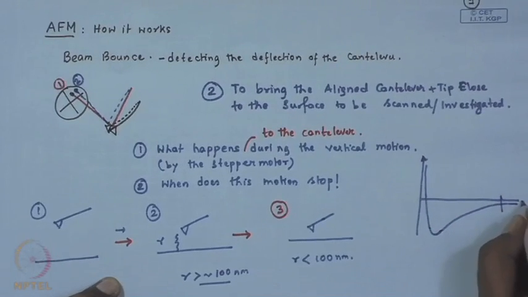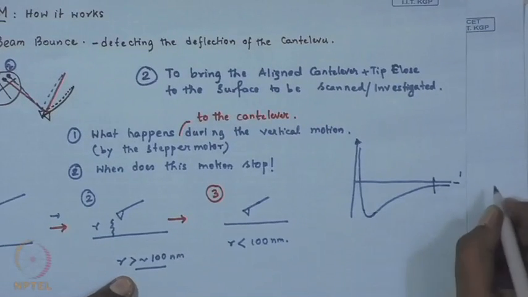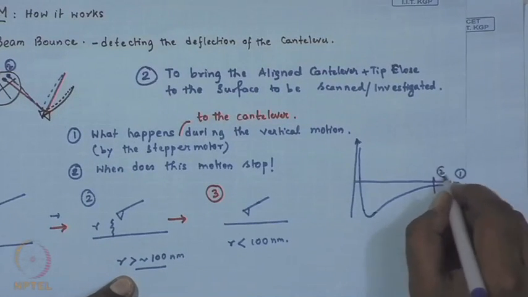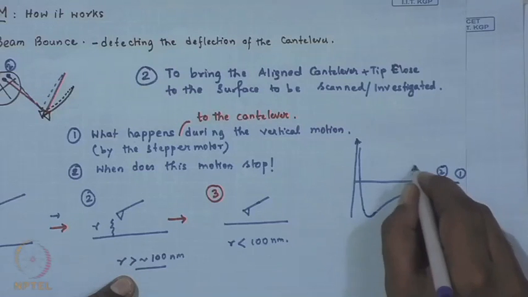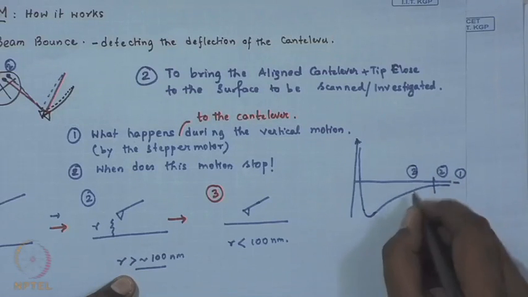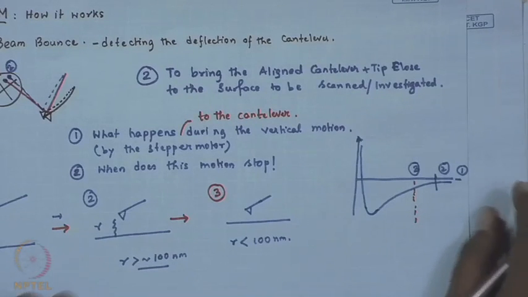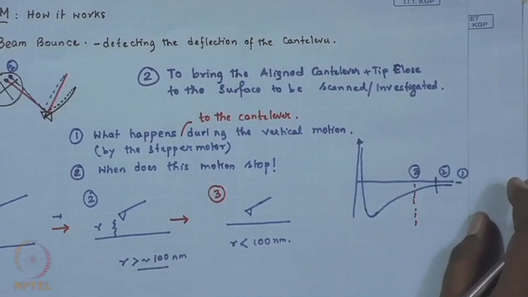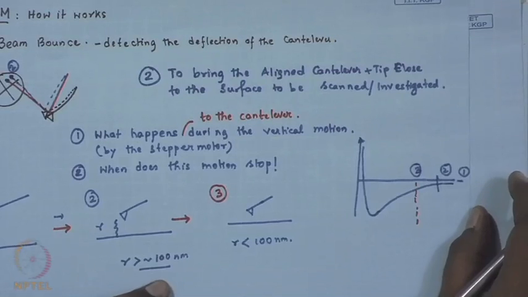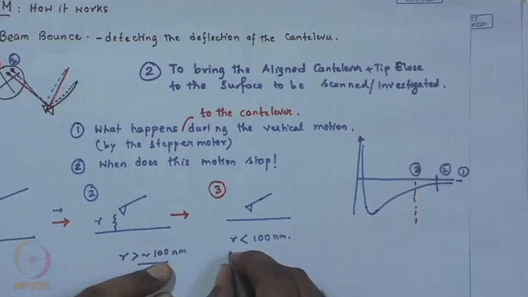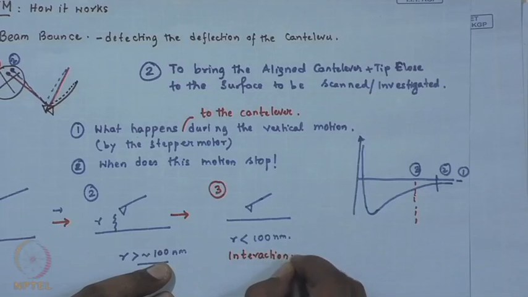So, let us say 1 was somewhere over here, 2 was somewhere over here, but let us say 3 is here. So, what happens? Now, you no longer can say that there is no interaction between the tip and the sample surface, there is interaction. And the nature of interaction is attractive.